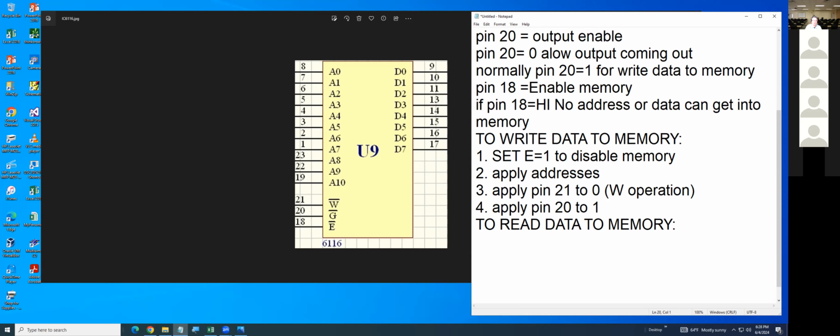Okay. To read data, same thing. Before you want to read or write, this line must be set to 1.